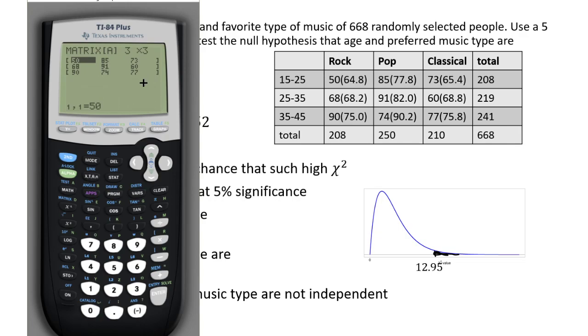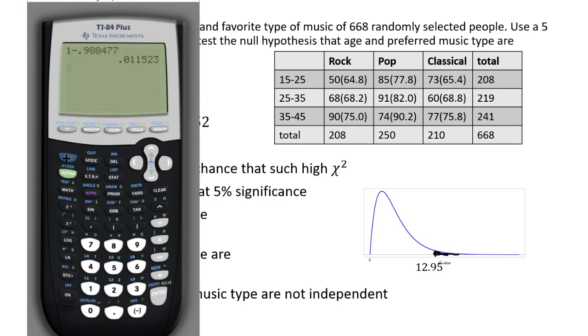I already did that to save time, but you can enter all these numbers just like here. And then once you have that ready, then second quit, go to stat and go to tests, go all the way down, and you'll find the chi-square test, and keep it as observed as A, and B, even if you didn't do anything to B, don't worry about it, just put it as B, and then you calculate, enter.